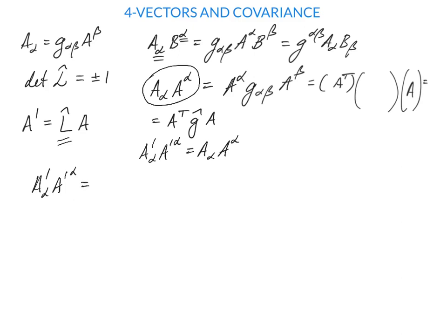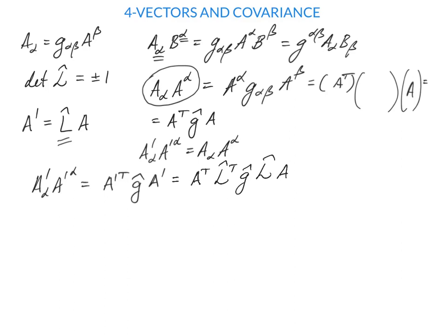We can write it as A prime transposed, matrix g, A prime, and then substitute A prime through L A. A prime transposed is going to be A transposed, L transposed, then we have g, and then A prime, and A prime is just L A.